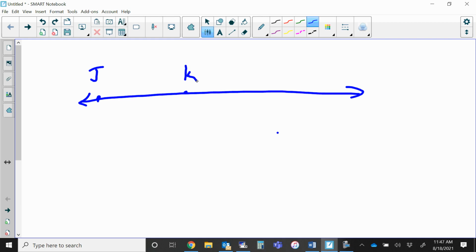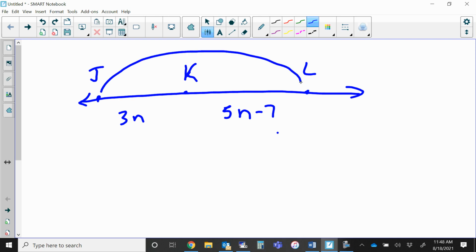Does this mean that JK is longer than or shorter than KL? No, we can't assume with our eyes, right? They said this is 3n. They said this is 5n minus 7. And then they told me later on that this whole thing is 25, yes? Or what did we say about the angle addition?